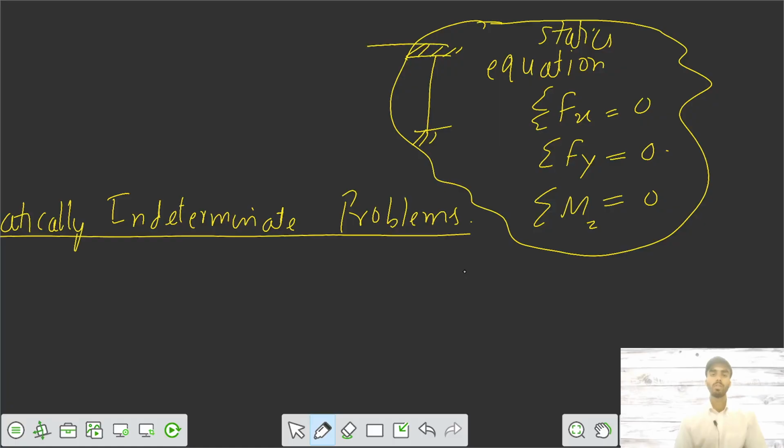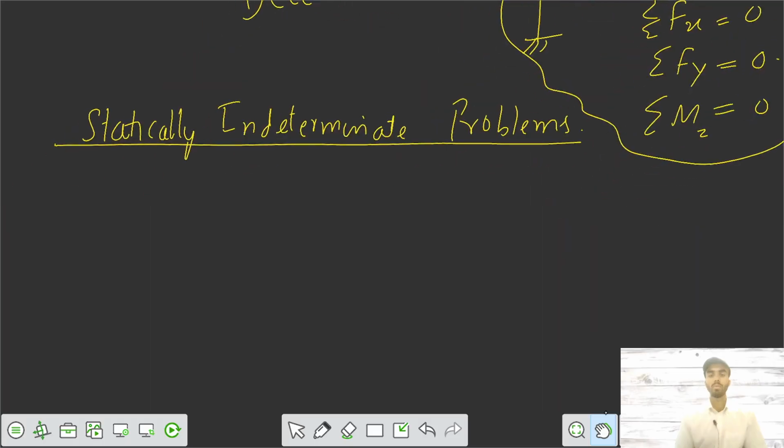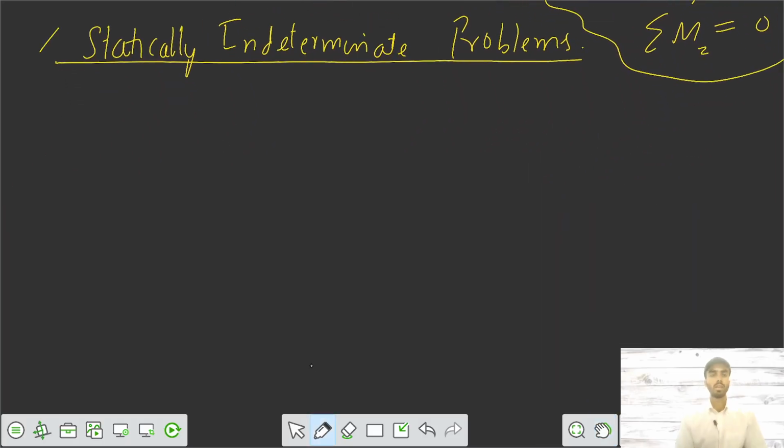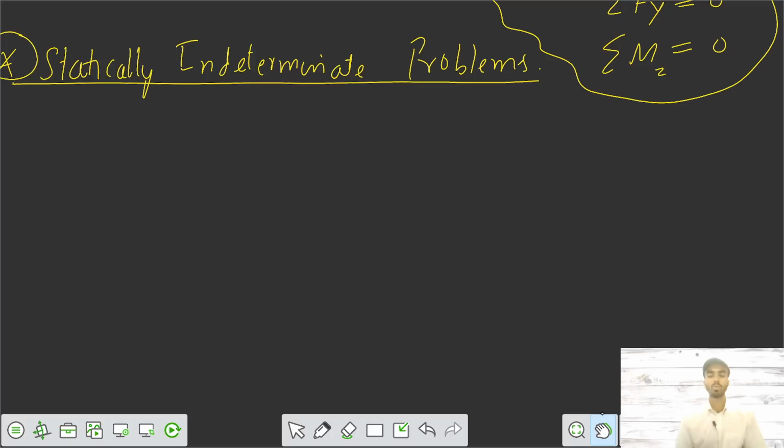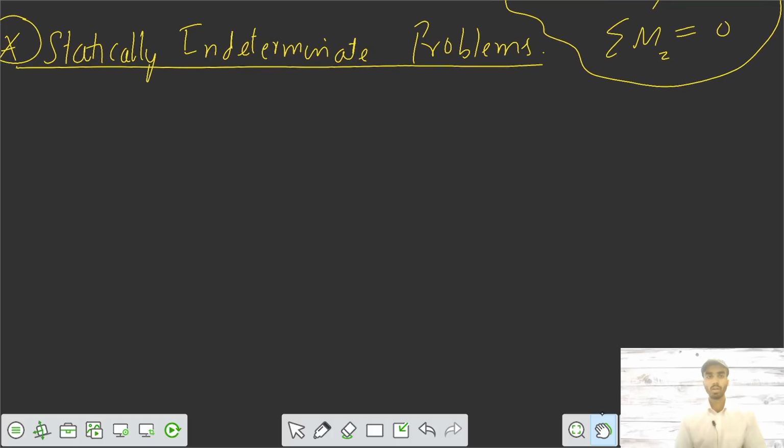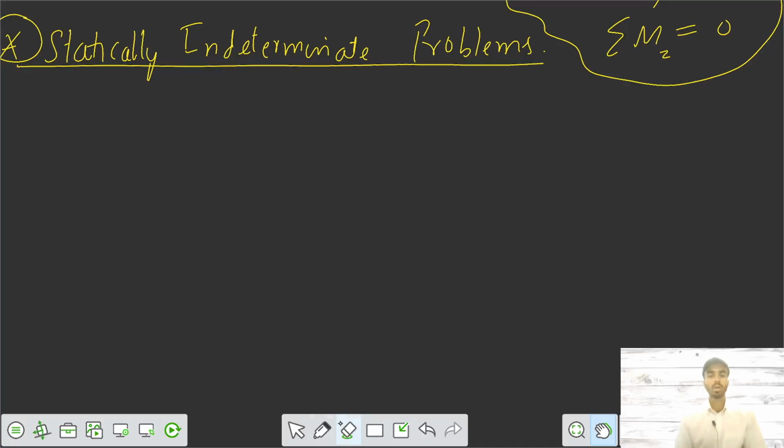If the structure could be solved using the equations of statics alone, we say the structure was determinate. For an indeterminate problem, you have fewer equations, but more unknown reactions, so you need more conditions to get the unknown reactions.